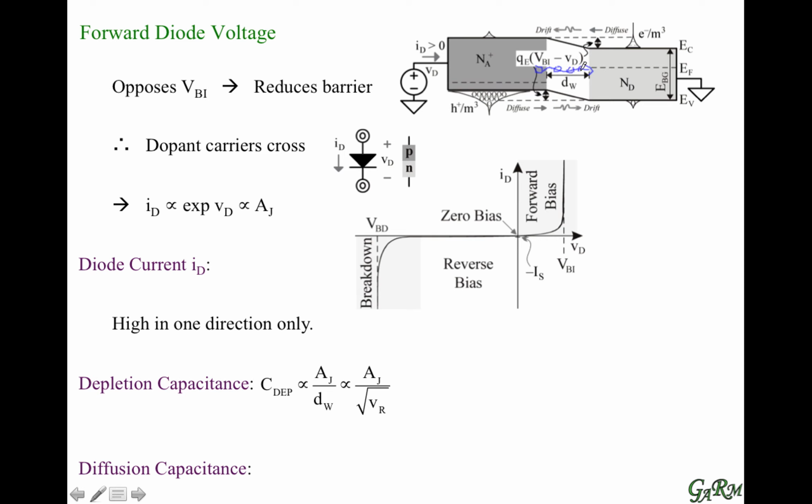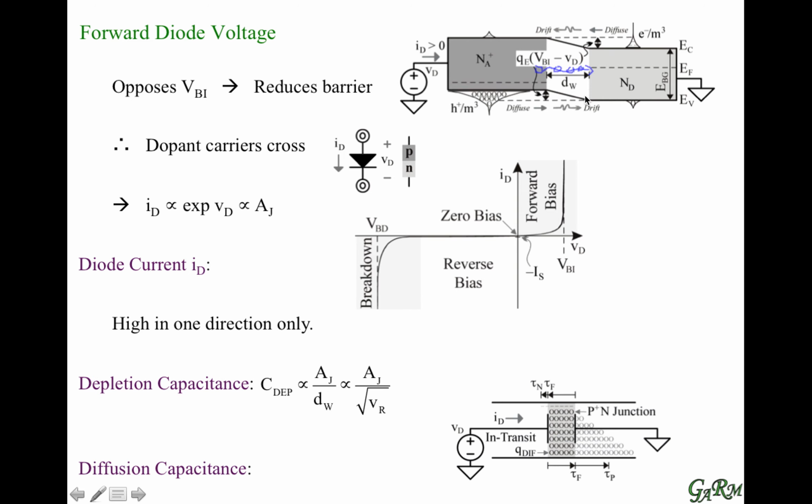So at any given time, we're going to see holes in the process of crossing the junction. So what we see here, if you can see, this is the P-type plate of the P side, and this is the N-type plate of the N side, and holes are crossing the junction, where at any given time we have holes in the middle and in the process of crossing.